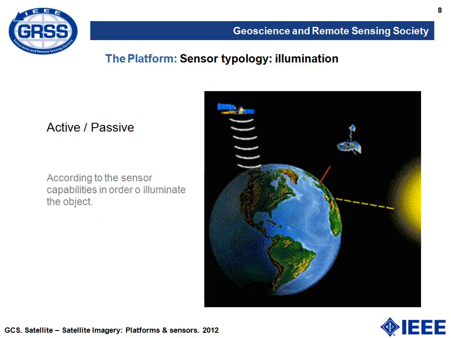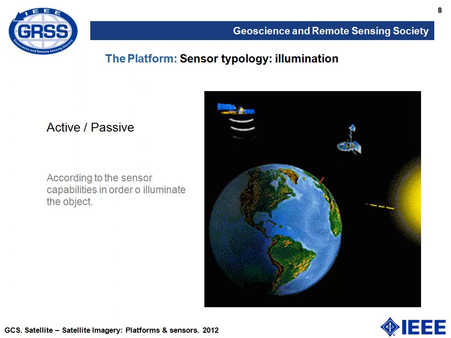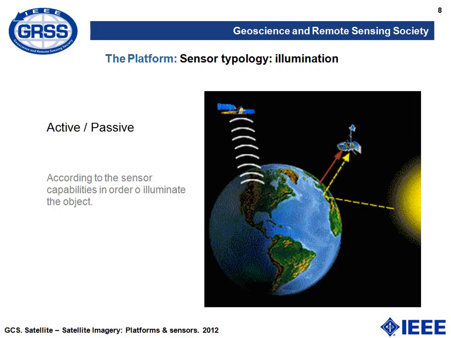Broadly speaking, we can divide Earth observation tools and architectures, in terms of sensor and platform, into active and passive systems. Active systems have the energy supply as their own subsystem on board the satellite, while passive sensors use an external source of illumination such as the sun.